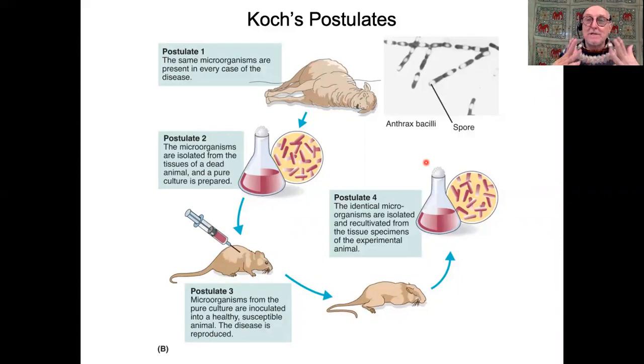And it opened up the possibility now that for many diseases, such as tuberculosis, for example, you could actually go find microorganisms, track them, culture them, and show that they could cause the disease.